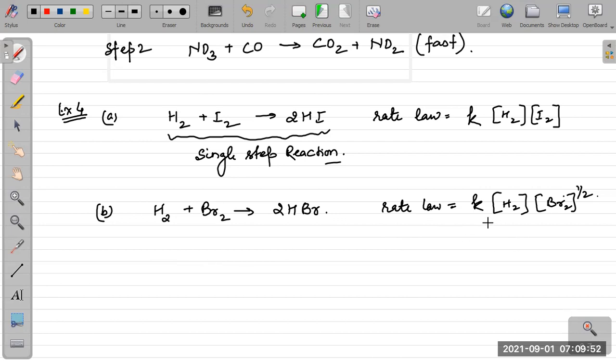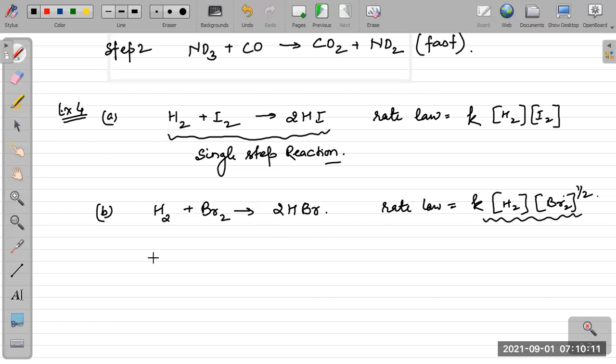So what happens is this nature of rate law explains that the reaction is not a simple one. It's not a single step reaction. Rather, it should be a complex reaction taking place in more than one step.